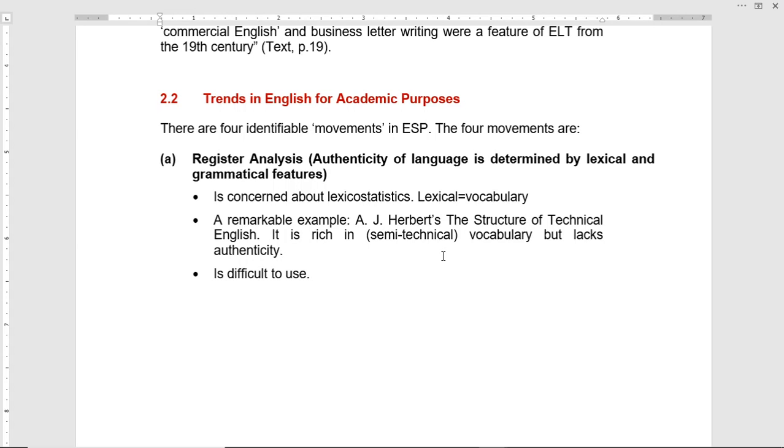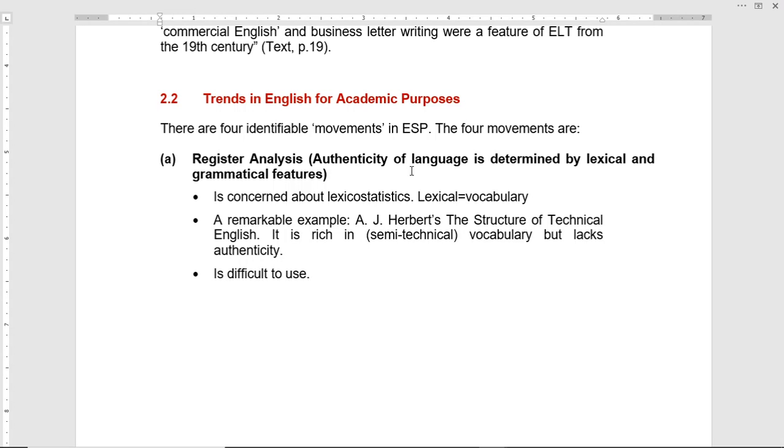One is register analysis in academic English. That is, authenticity of the language is determined by the lexical and grammatical features, the vocabulary and grammar, the structure of the language. So that was the focus for academic English. Students should know how to write and they should master vocabulary.